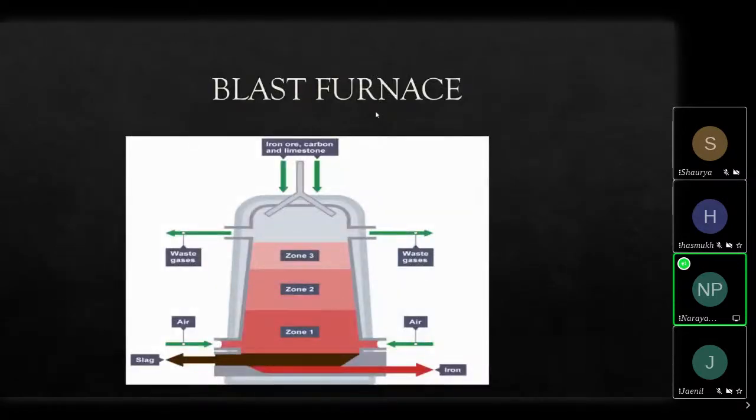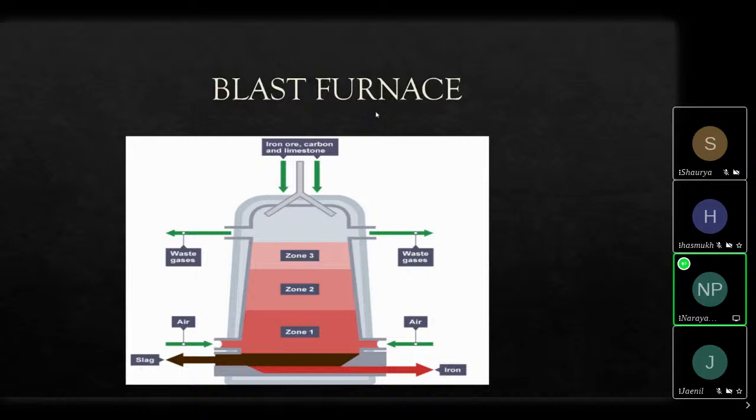So this is a picture of a blast furnace, where you have a huge steel furnace and you charge the iron ore from the top, and then you have hot air. The carbon, which is added with iron ore and limestone, starts burning and melting.